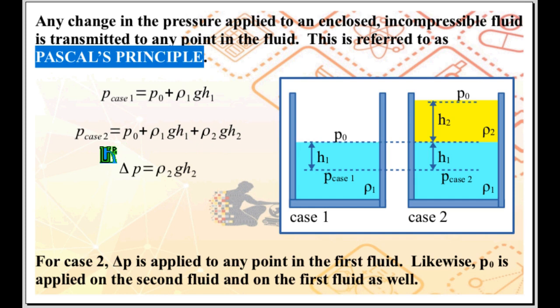So, P case 2, because of Pascal's principle, is now P naught plus ρ1 G H1 plus ρ2 G H2. Application of Pascal's principle: any change in the pressure applied to an enclosed, incompressible fluid is transmitted to any point in the fluid.